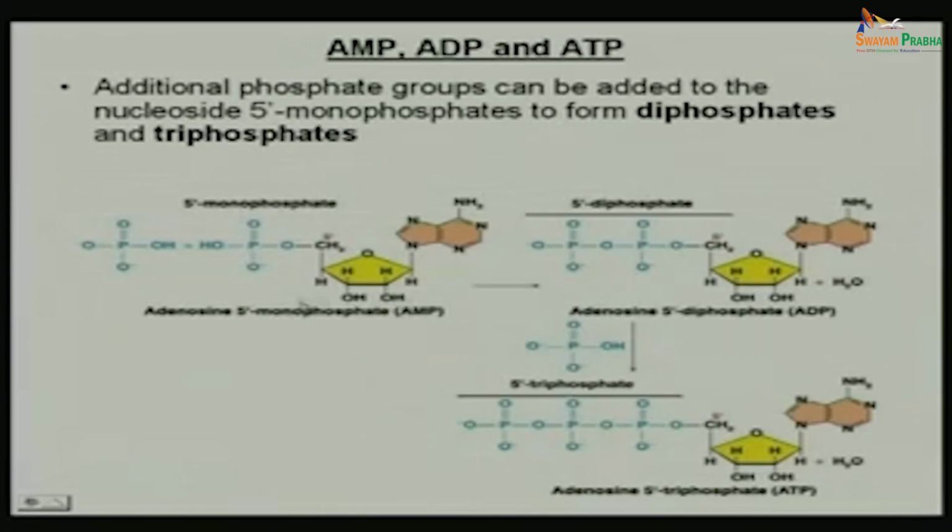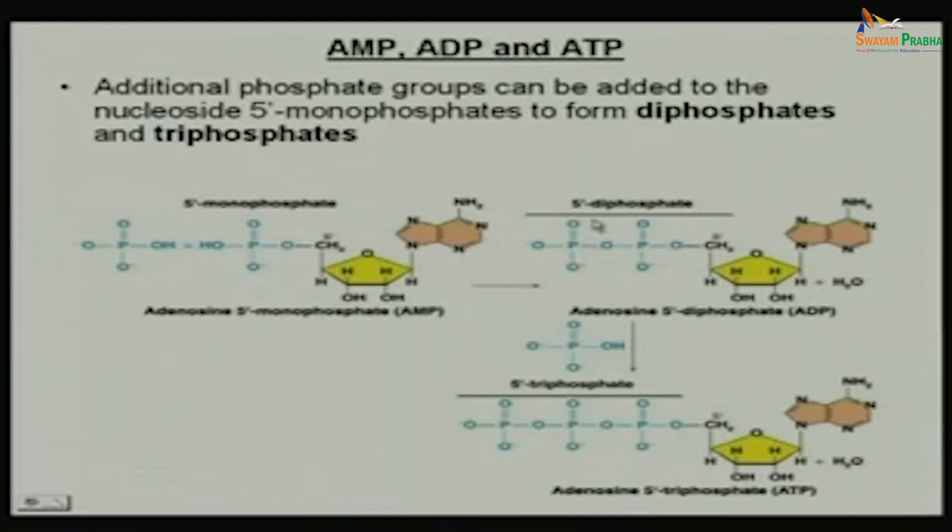This is a nucleotide, nitrogenous base, sugar and one phosphate. If we want to attach another phosphate group to this, it can be attached and it forms adenosine diphosphate.